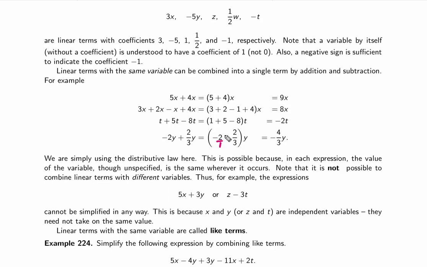So multiply top and bottom by 3. So we get -6 over 3 plus 2 over 3. So -6 plus 2 over 3 when you add those two numbers. So that's -4 over 3.